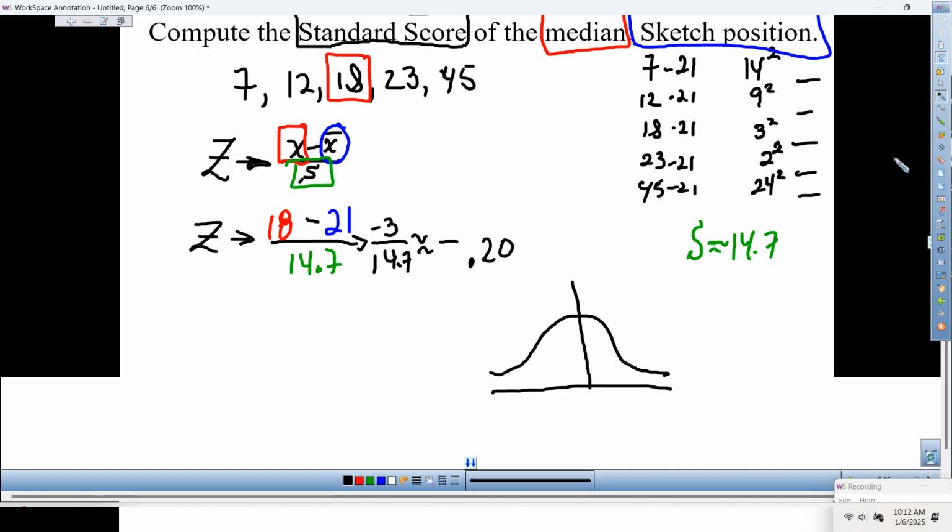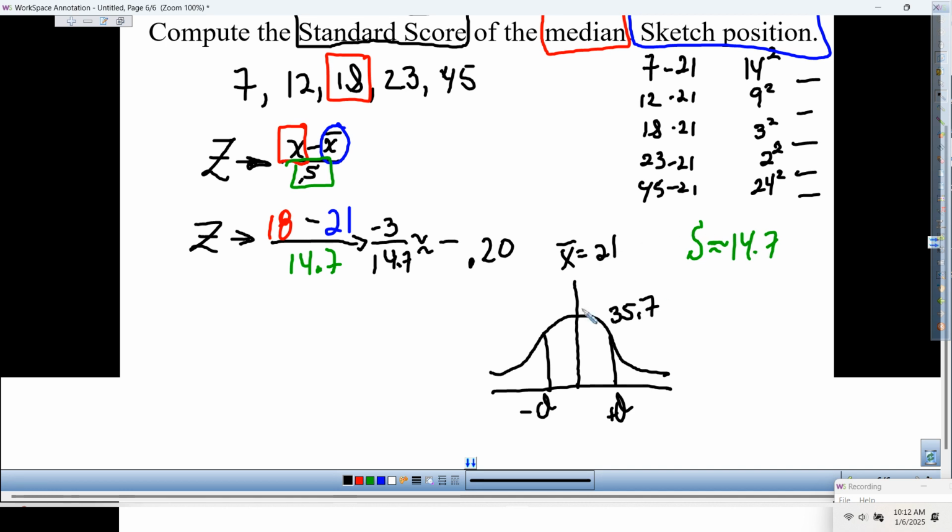Our mean, whoa, that's kind of crooked. Let me fix that. All right, our mean is 21. Our first standard deviation up, 21 plus 14.7, that's 35.7. One standard deviation down, 21 minus 14.7, that is 6.3.